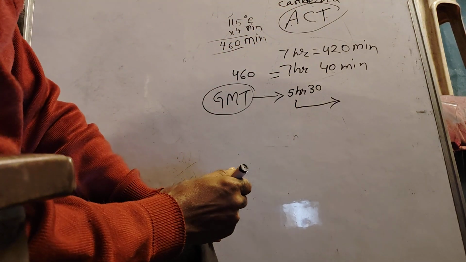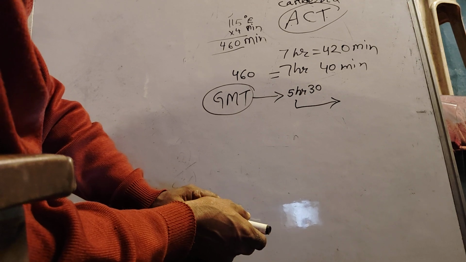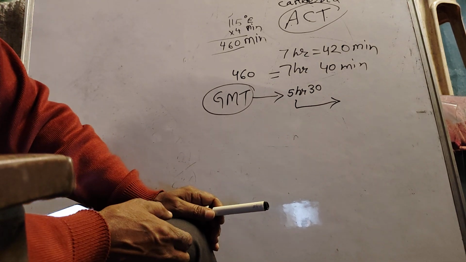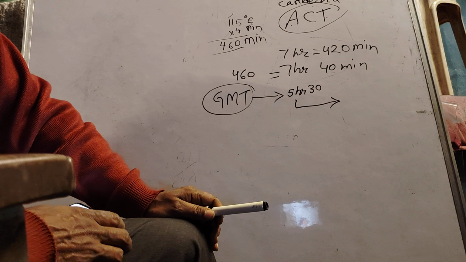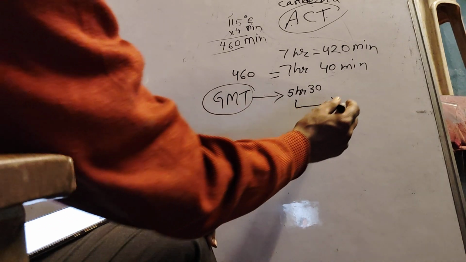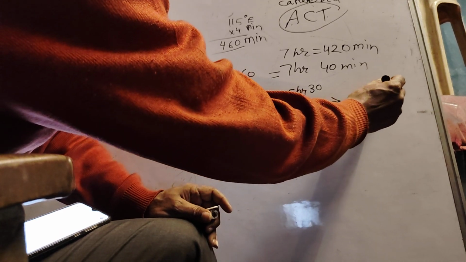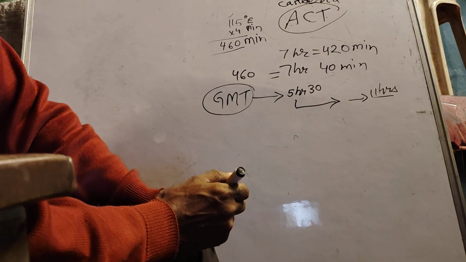So the Australian ACT timeline is used in Australia. From Melbourne, London is 11 hours behind. Yes, the difference is 11 hours.